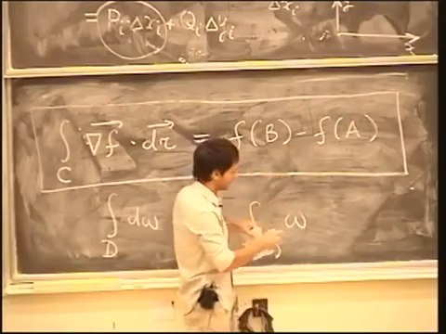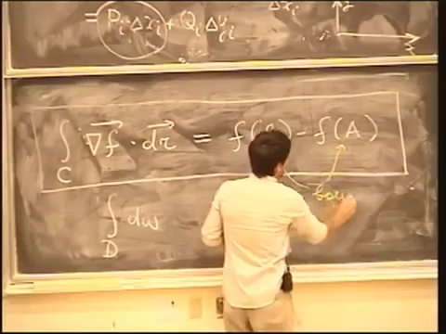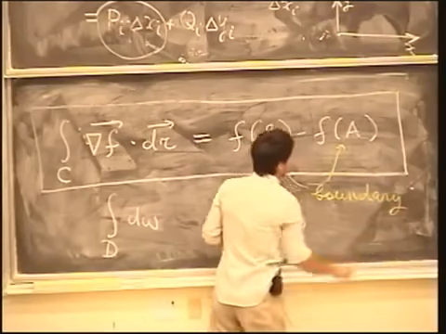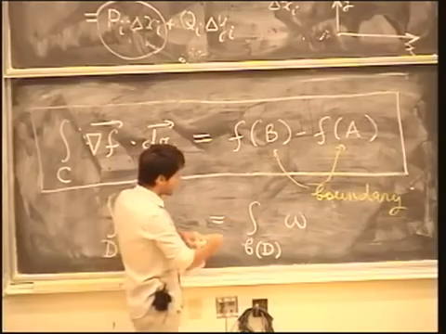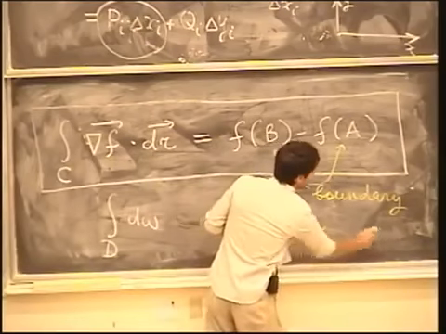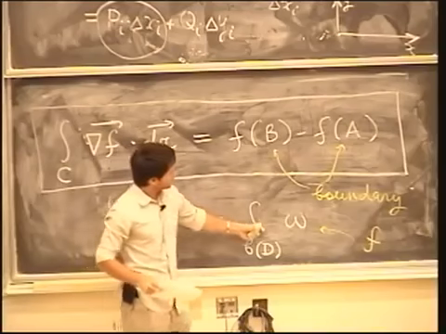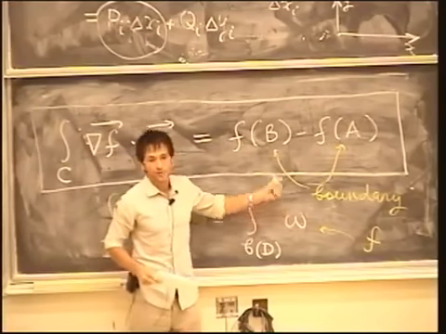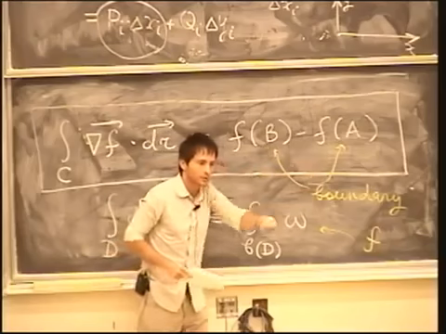This is the boundary. So what is omega here? Omega is, in this particular case, just our function f. So this integral just means evaluating this function f at the point B minus the value at point A. You have a question?